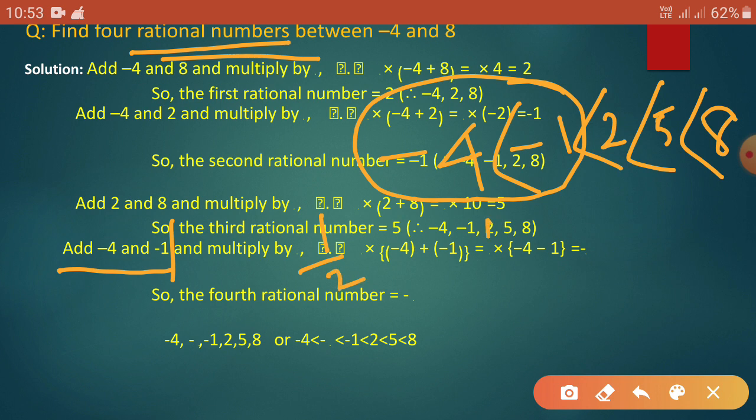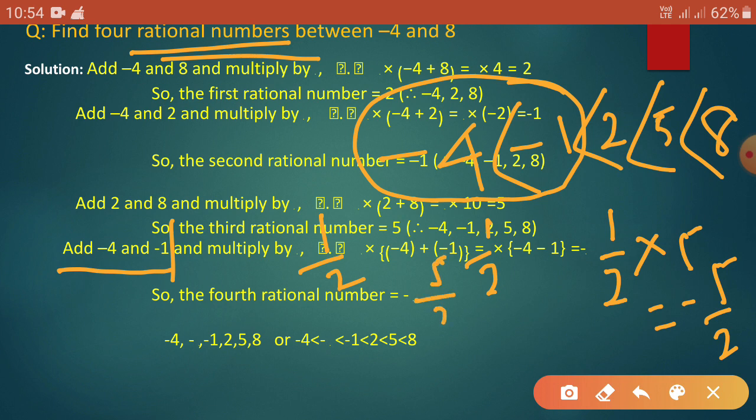That gives 1 by 2 into minus 5, that is minus 5 by 2. So the fourth rational number is minus 5 by 2.